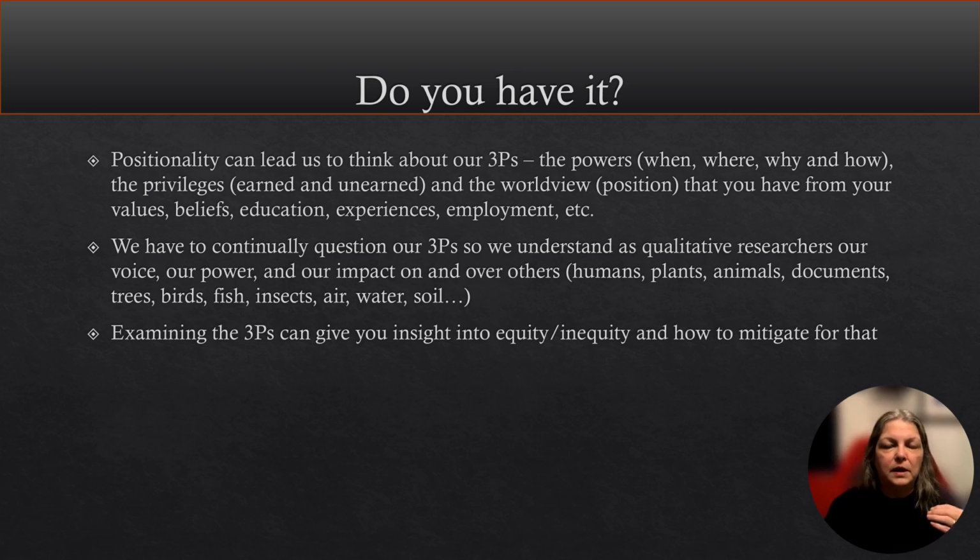And so as a qualitative researcher, it's also important for you to understand that it can't be just human based, right? We have to remember plants and animals and documents and trees and birds and fish and insects, air, water, soil. You think of anything, all my relations, and they all need to get equity.